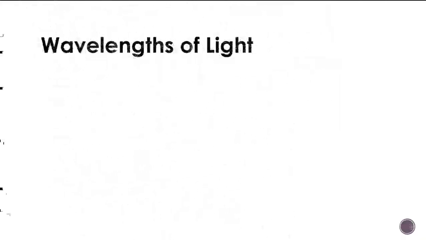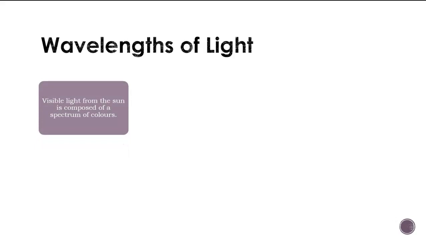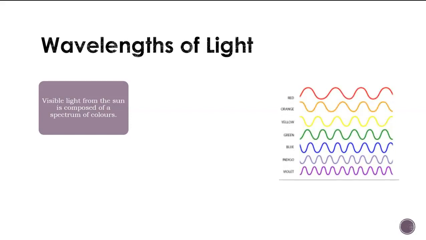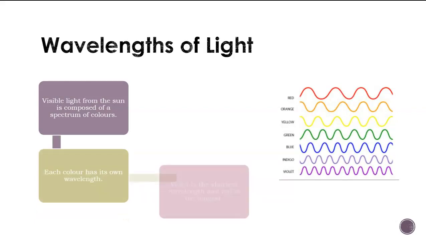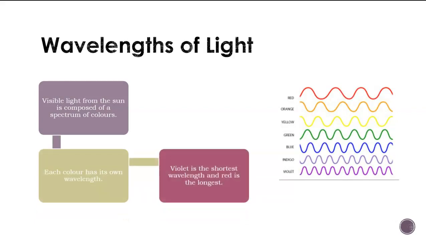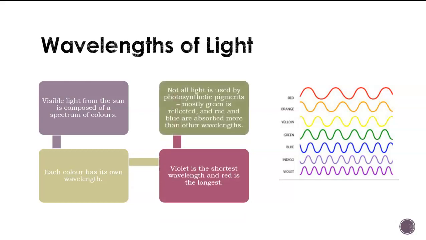Now, last year we looked at photosynthesis through a physics lens, a chemistry lens, and then the biology lens. So as we looked through the physics lens, we were thinking of wavelength. And we said that visible light from the sun is composed of the spectrum of colours, and that's why we see it as white light. Each colour has its own wavelength, and violet is the shortest wavelength, whereas red is the longest wavelength.